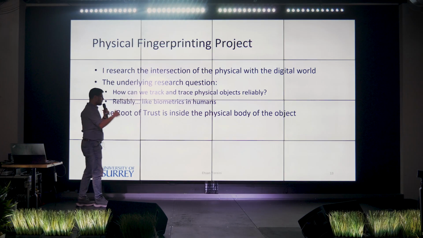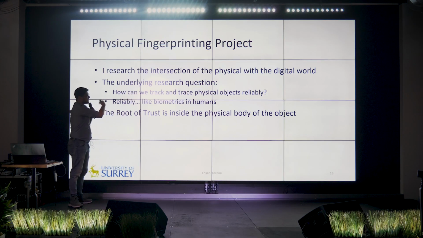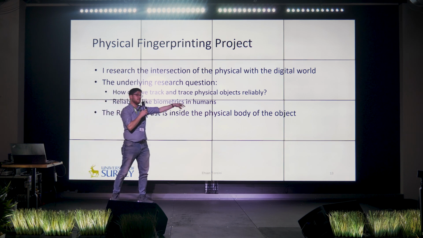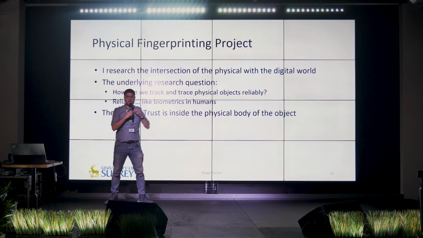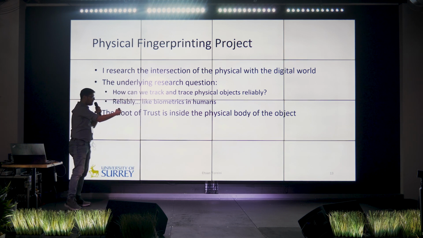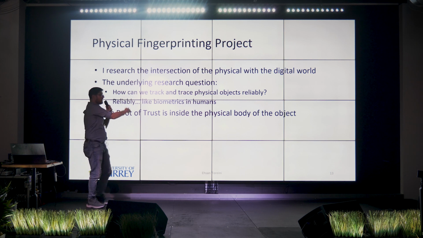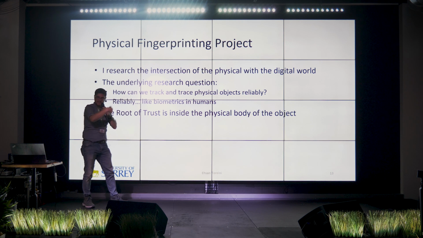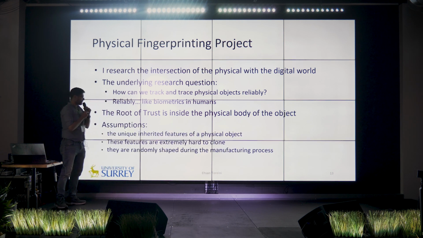That translates into a transition of the root of trust from an integrated part to the body of the physical object itself. So my research is focused on whether we can have the root of trust be the physical object, instead of integrating something onto it.